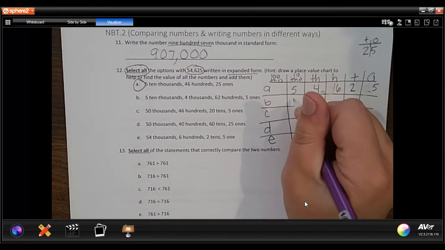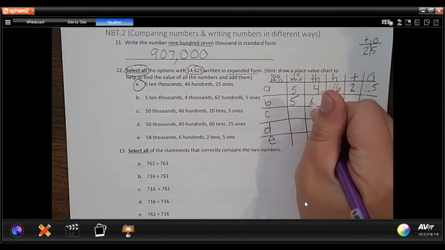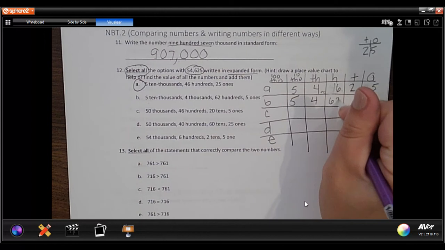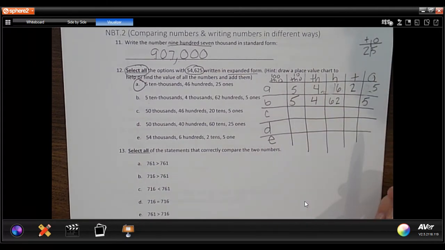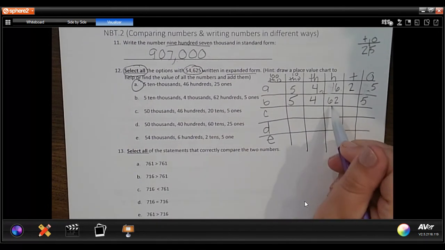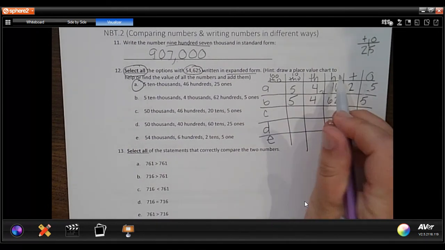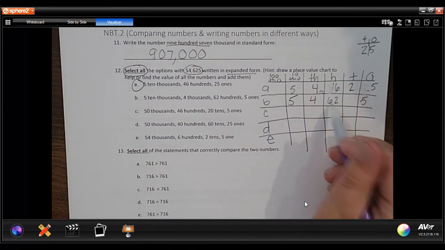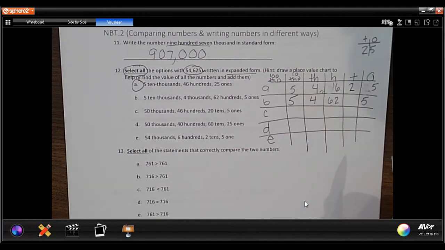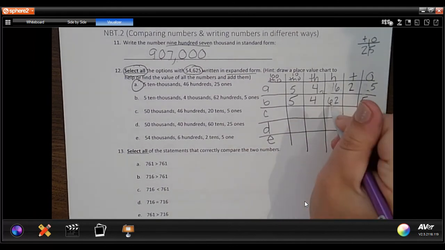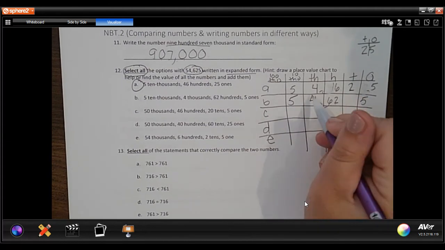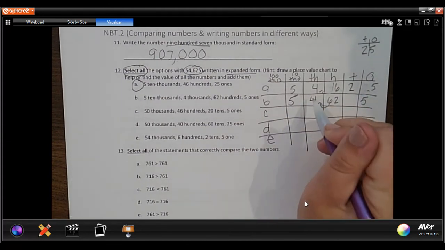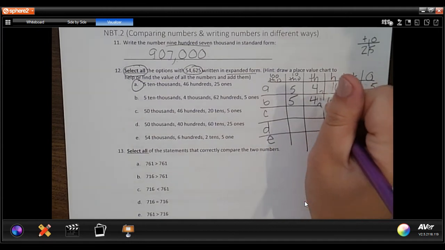5 10,000s, 4 thousands, 62 hundreds, 5 ones. 5 10,000s okay, 4,000s okay, but now I have 62 in the hundreds. 62 times 100 is 6,200. So I could move my 6 over to the thousands place, but I already have a 4 in there. If I want to continue working with the place value chart, I would add 4 and 6, I would get 10.